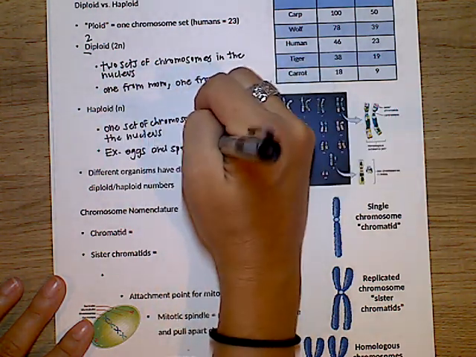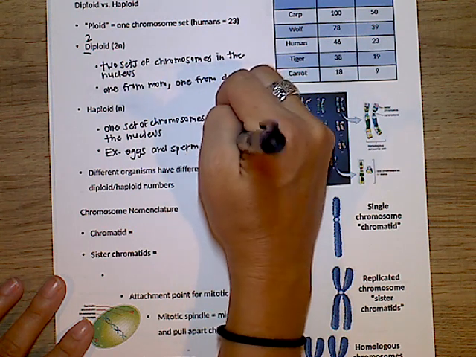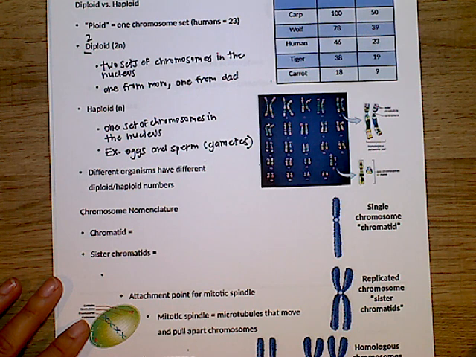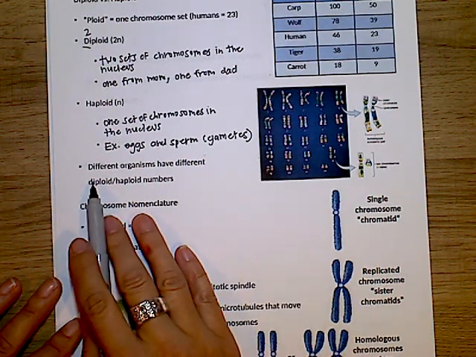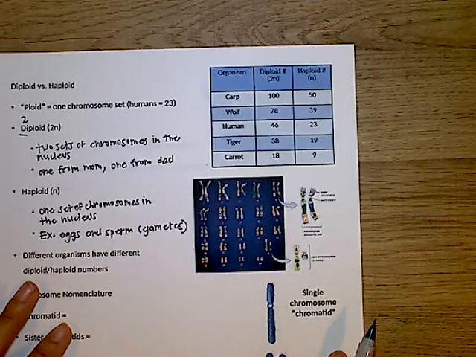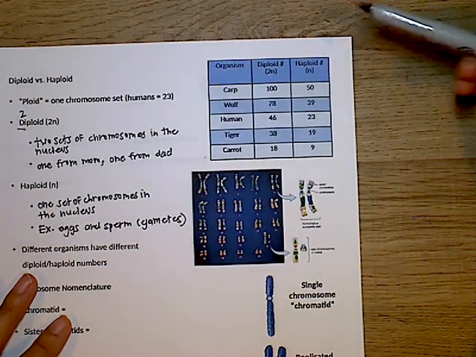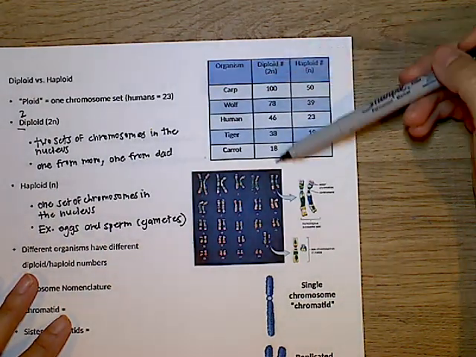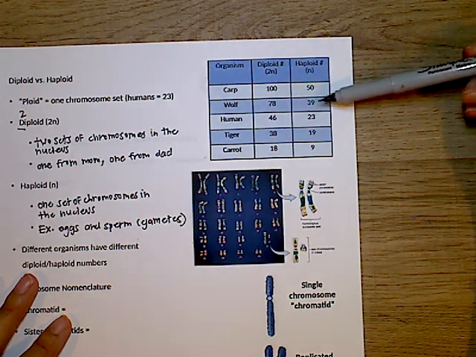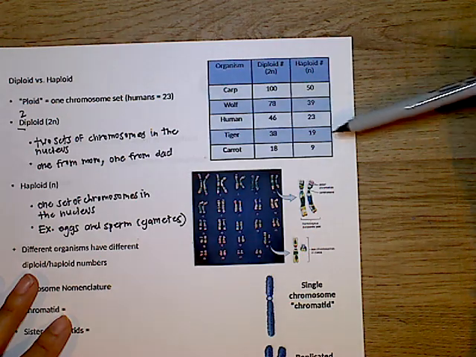And those are sometimes referred to as gametes, if you hear that word. And different organisms have different diploid and haploid numbers. So on this chart again here, you can see diploid is always double what the haploid number is. Just divide the diploid by 2 and you get the haploid number.